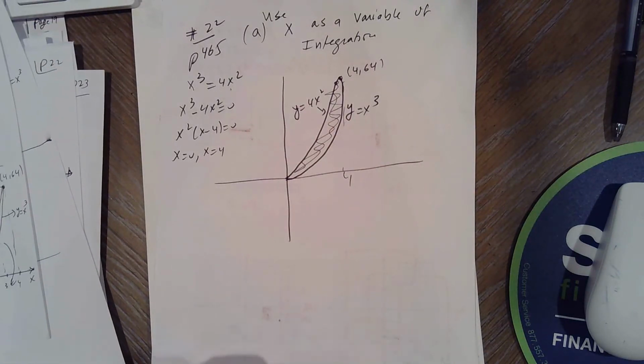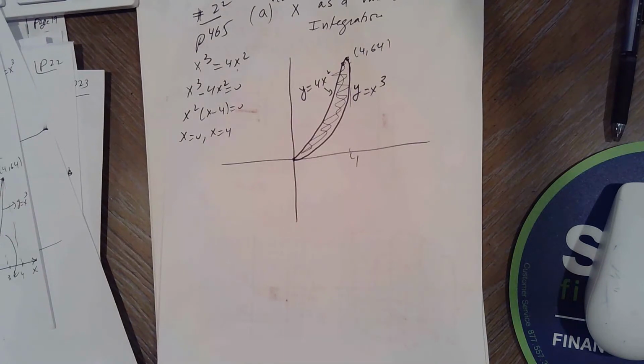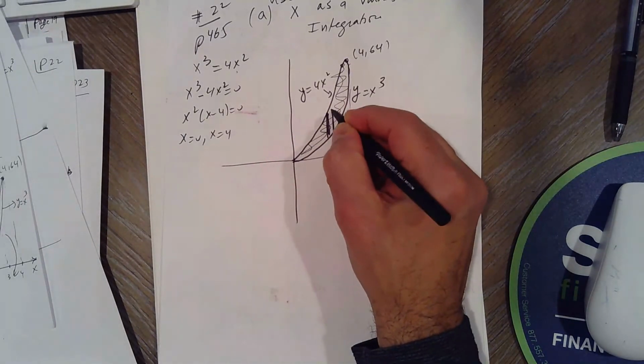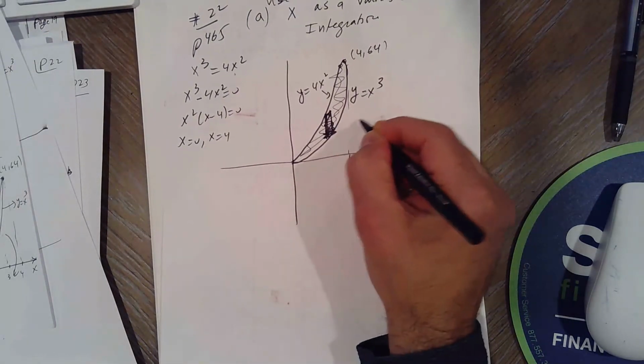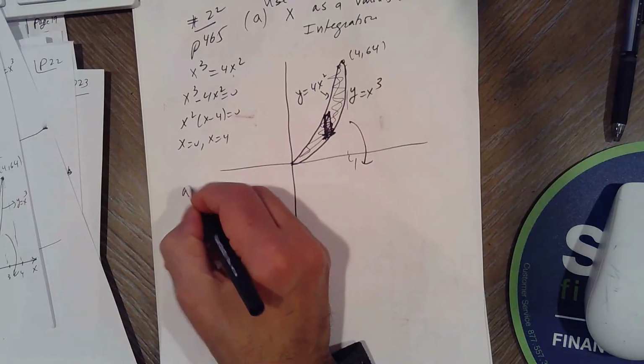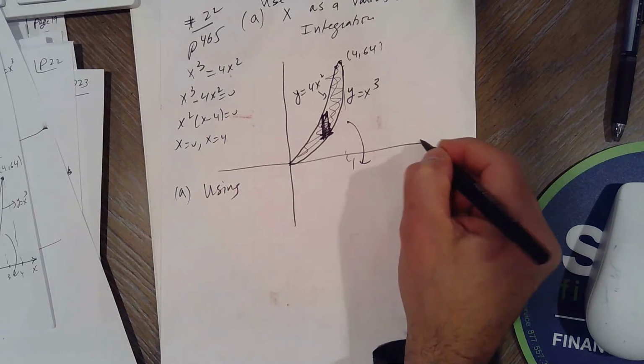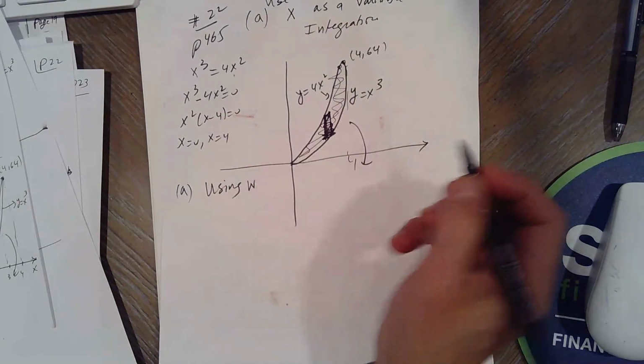So we are revolving about the x-axis. If using x revolving about the x-axis, we're using the washer method, because revolving about the x-axis is perpendicular to the axis of symmetry.